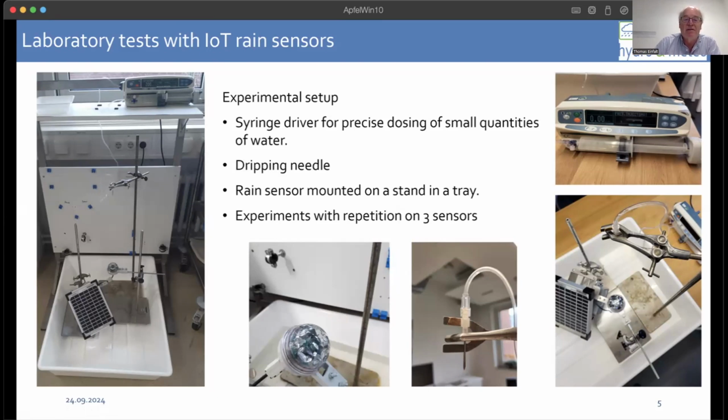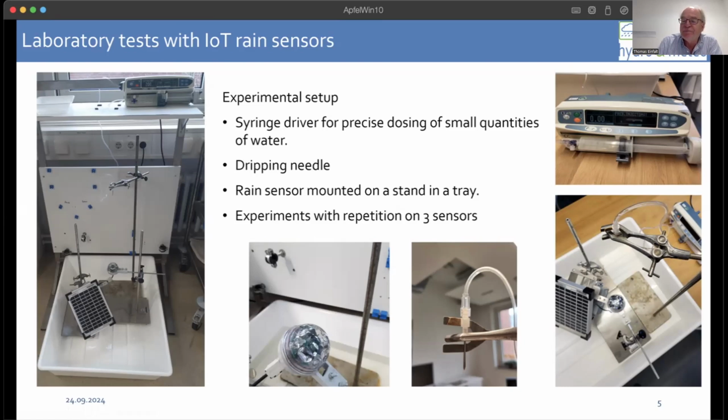We had a precise device to drop onto the sensor. And we tested the sensor. Well, as a matter of fact, we tested 3 different sensors to compare with 3 different rainfall amounts in a given time.